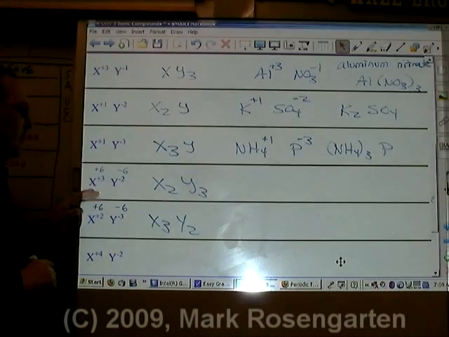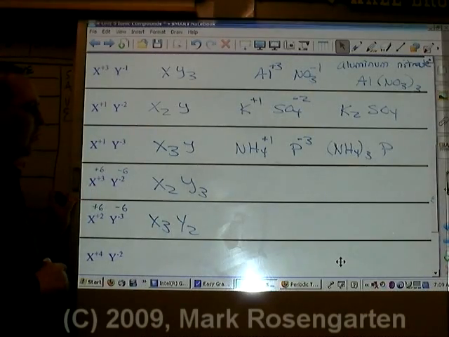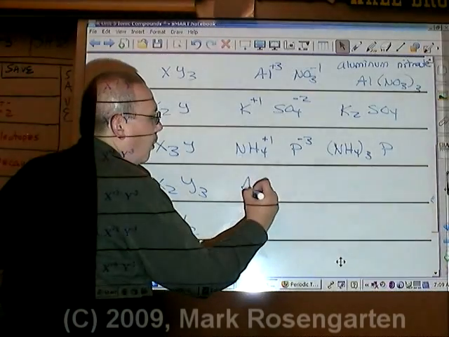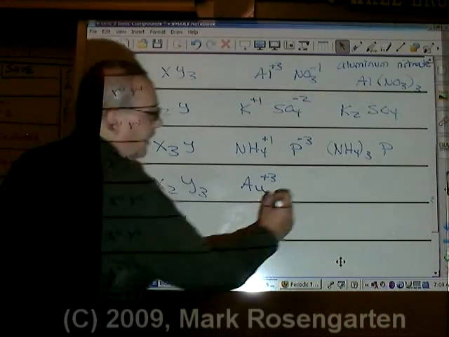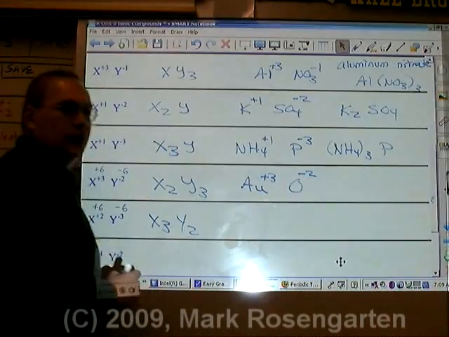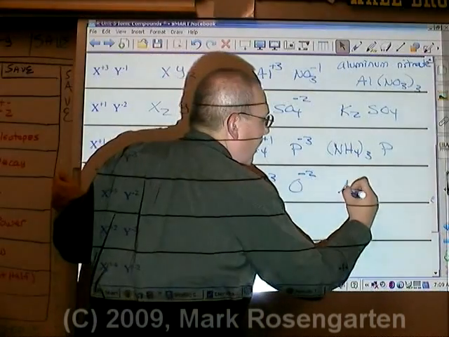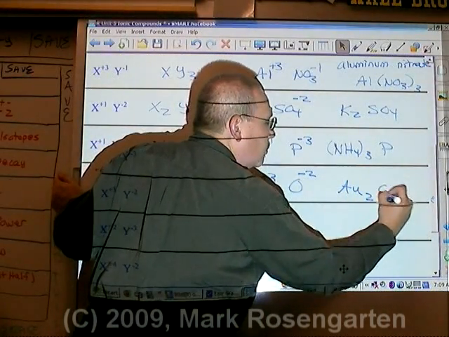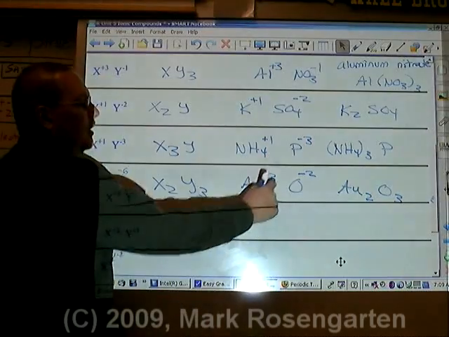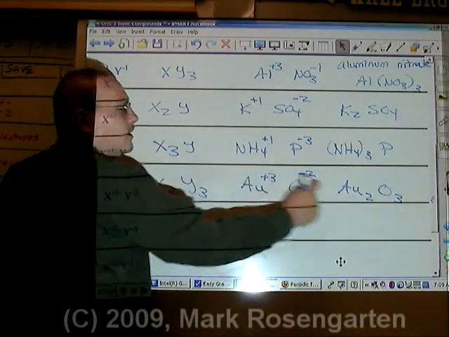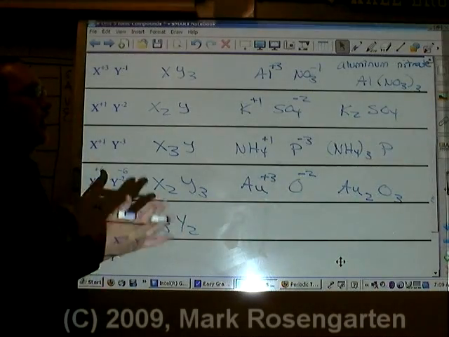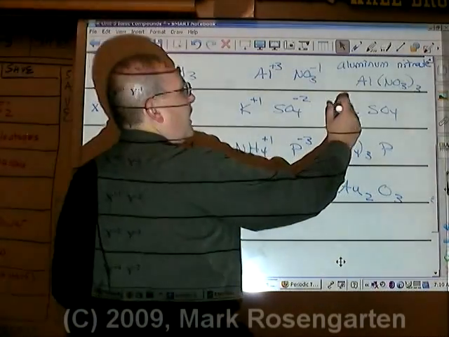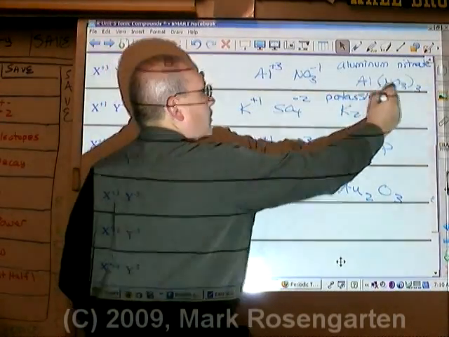So let's say, for example, that for our +3 ion, we have gold, Au +3. And Y is the oxide ion, O -2. Then you end up with Au2O3. +6, -6, and it cancels out. As far as the naming is concerned, K is called potassium.